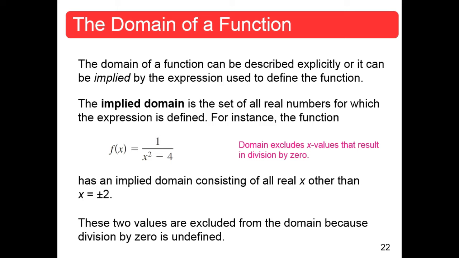Thought you could do everything in algebra, didn't you? There's one thing especially you cannot do. It has nothing to do with addition, nothing to do with subtraction, nothing to do with multiplication. So it must have to do with division. And what can you never do in division?